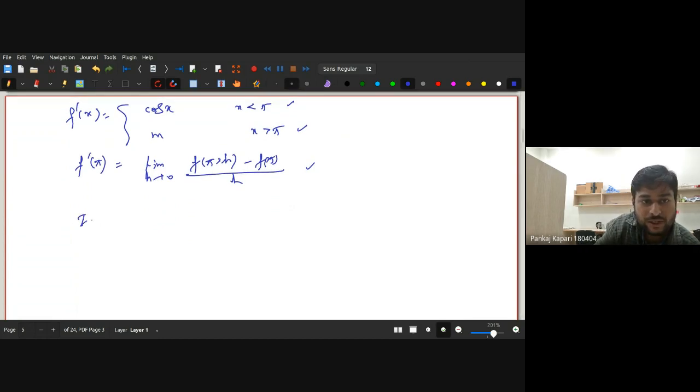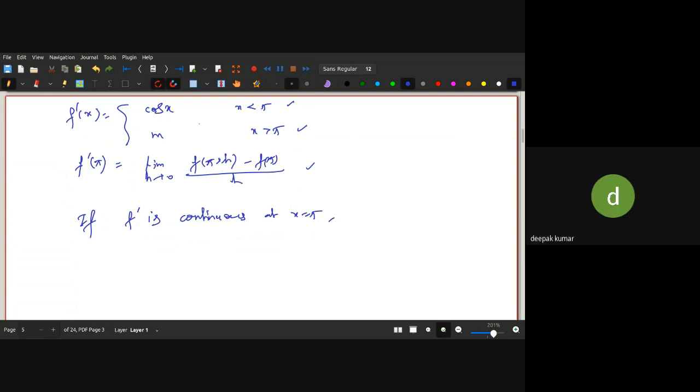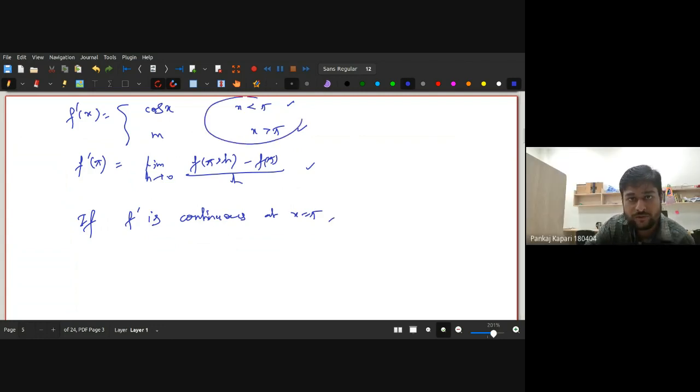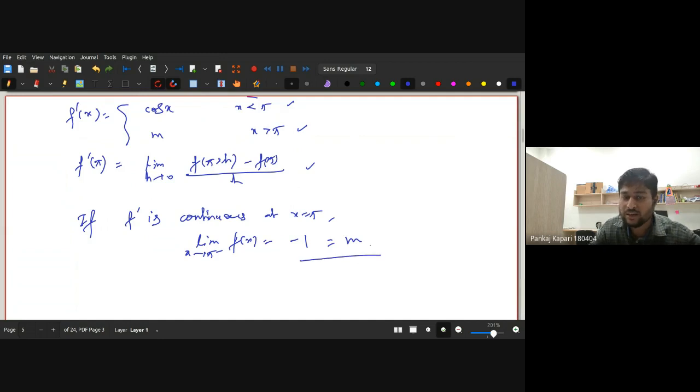If it was given that f prime is continuous at x equal to pi, then the right hand limit and left hand limit of this function should be the same. For the left hand limit, if you take x going to pi from the left, this is minus 1 because the left hand function is cos x, and from the right it is m, the constant, so m is minus 1, and then you can work out b. But it is not given that f prime is continuous at pi.